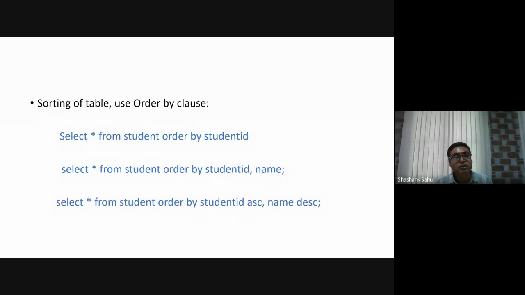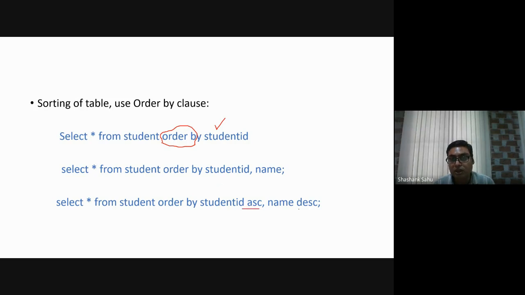Next, you can sort the data also. You can sort the data with the help of order by. See, order by is the clause which is attached to the select star from student, and you just give the name of the column, and your data will be sorted. Now you can sort in ascending order, and you can sort in descending order also.